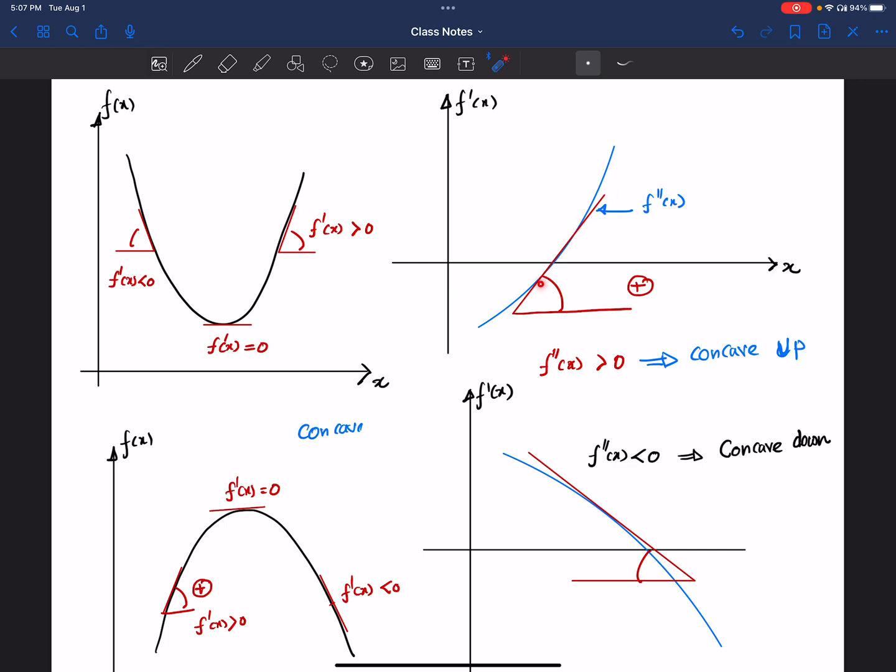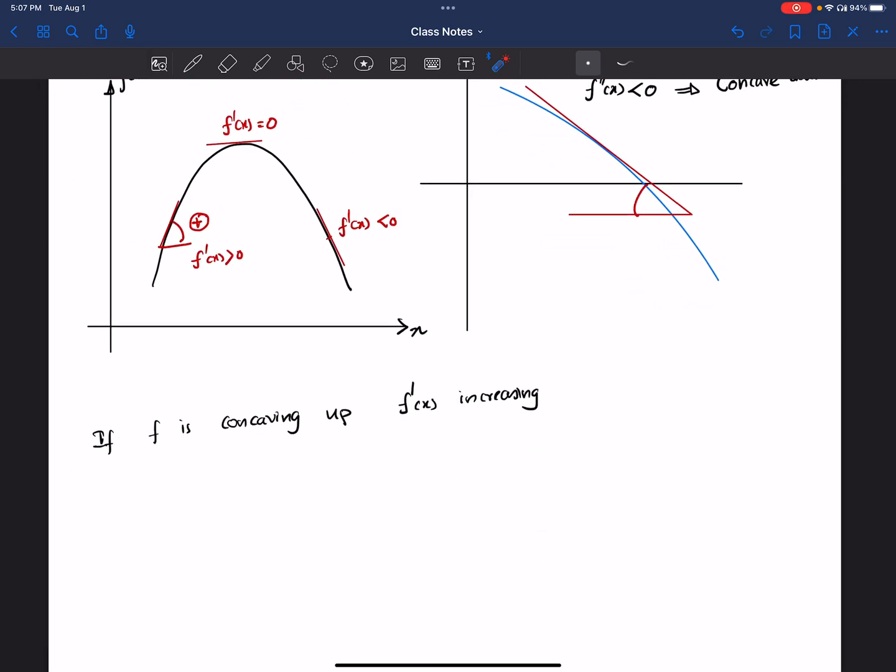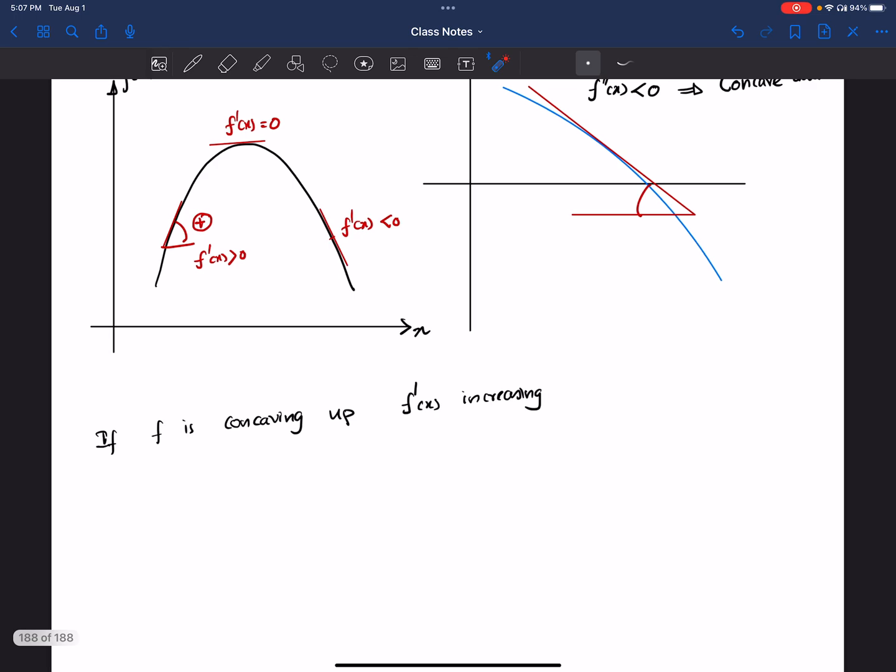But f double prime of x is positive, so for the concave up case, f double prime of x is greater than 0. And let's look at when f is concave down.